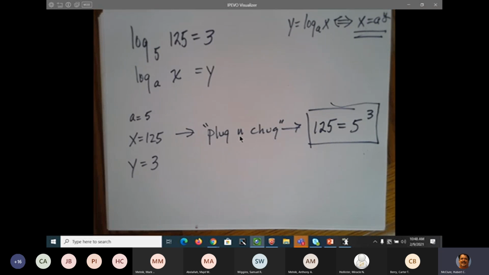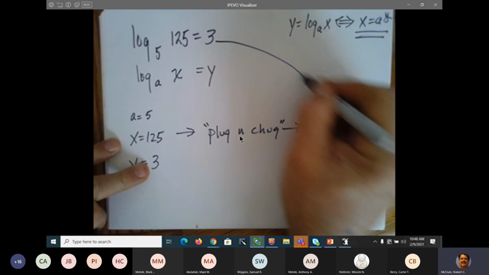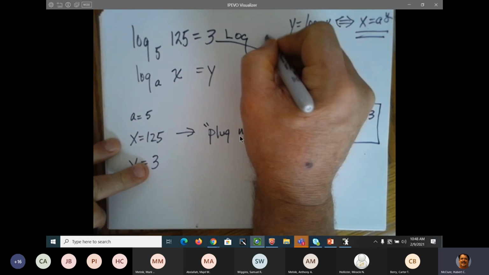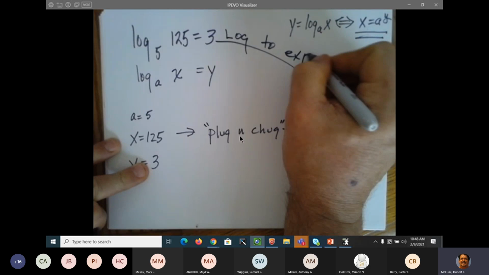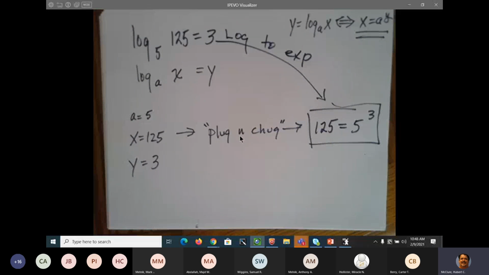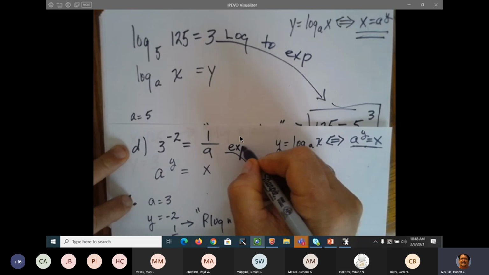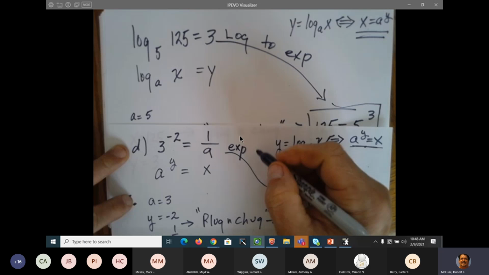So you can go from a logarithm to an exponent, log to exponent, or you can go from an exponent to a what? Logarithm. Thank you. It's so nice to have interaction.